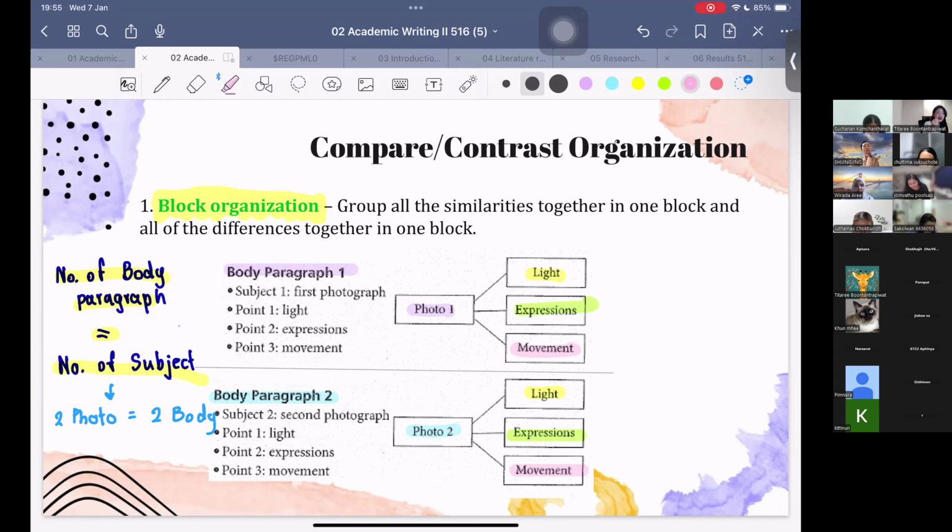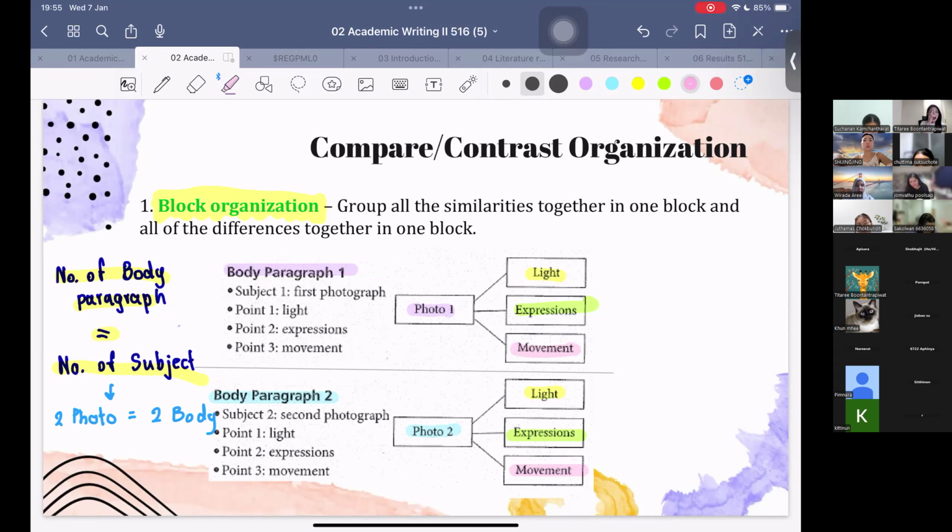The reason is, if the first thing you discuss is light, then the second is expression, and the third is movement, this gives your audience the structure. You kind of teach them: okay, this is my structure.